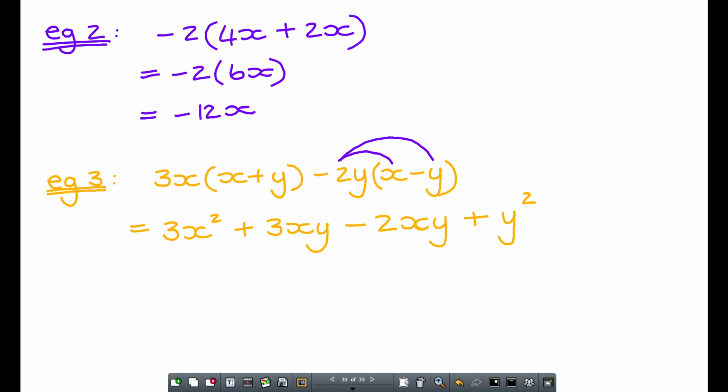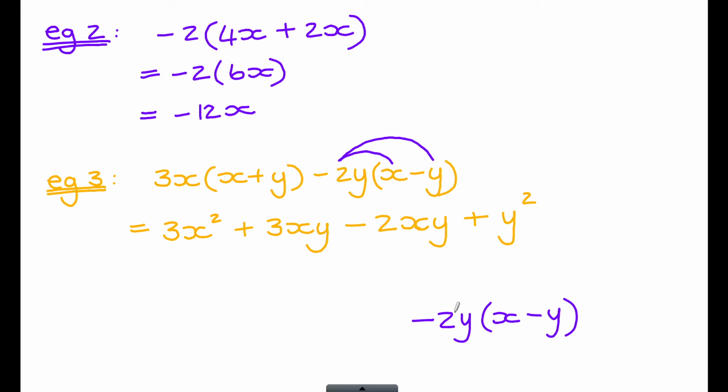It's the same as breaking it up and saying this. So if you look at that bottom part, we're going to say minus 2y times x gives minus 2, and you can say yx.